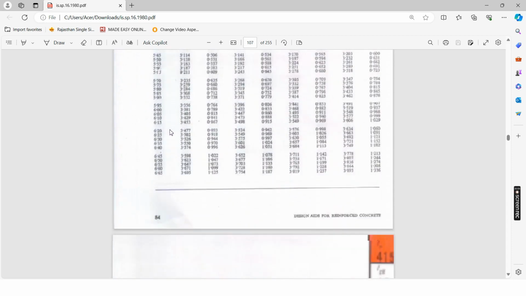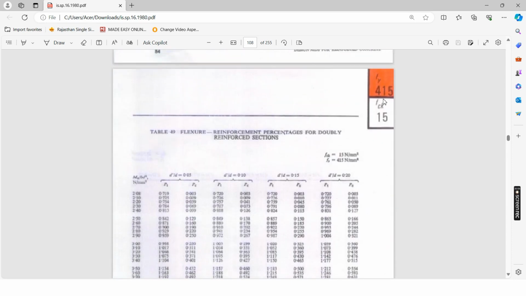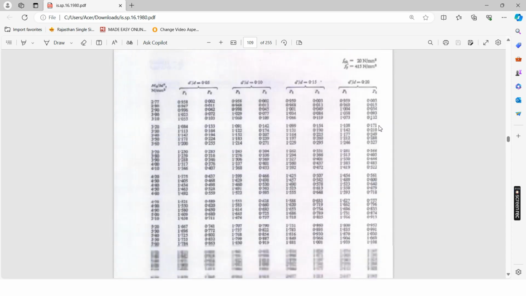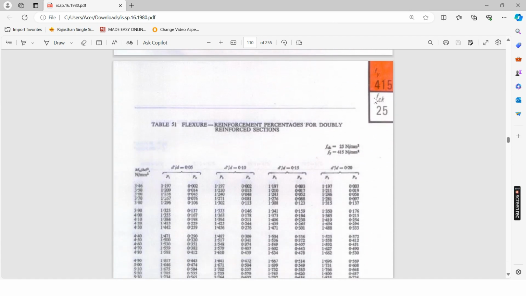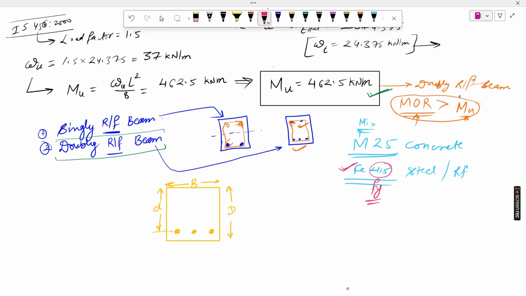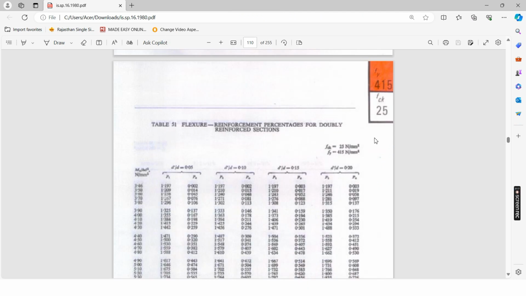This is 30. This is also fck 15 and 415, but we want fck as 25. So this is 20, and the next page is our fy 415 and fck 25 that we want. You can see 25 and 415. Okay, so it's clear, I think.